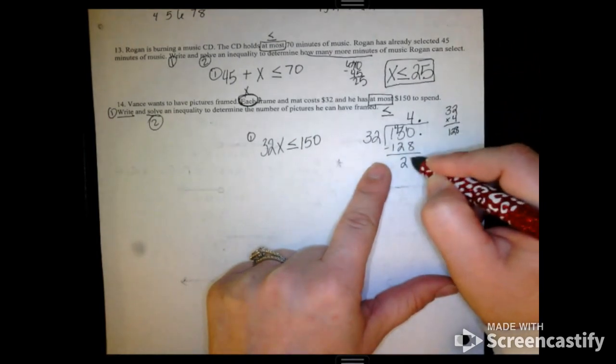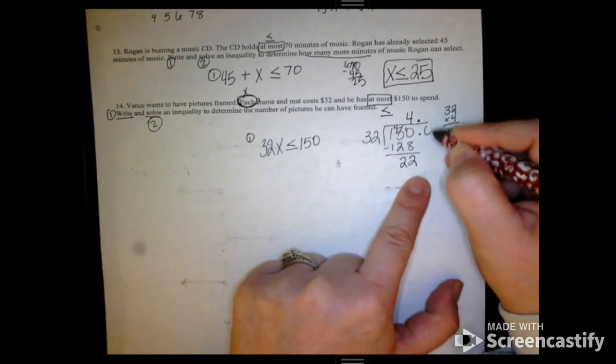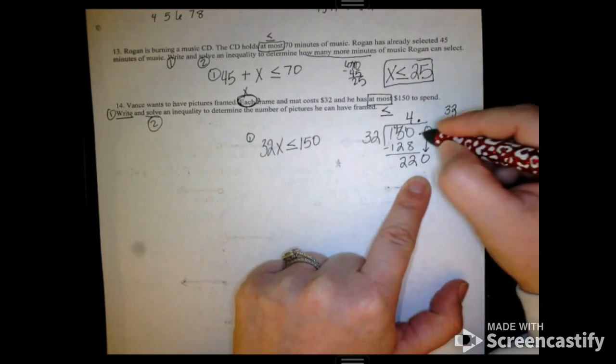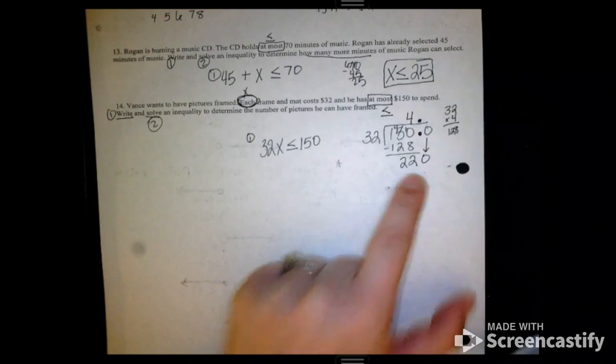All right, so I have 22. Bring the 0 down. I couldn't add a 0 until I added my decimal, correct? So I know that my number is going to have to be greater than 4, right? Let's try 6. So 32 times 6. Well, 6 times 2 is 12, 18, 19. One more, you think? 14, this is 21, plus my 1 is 22.